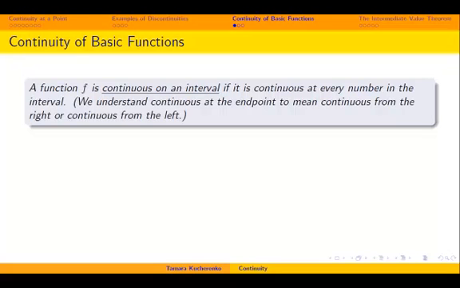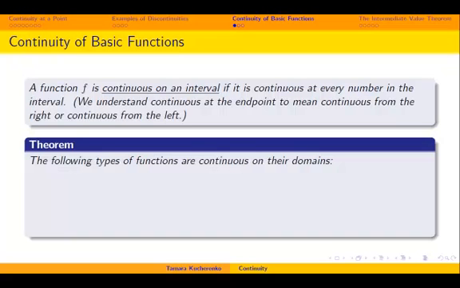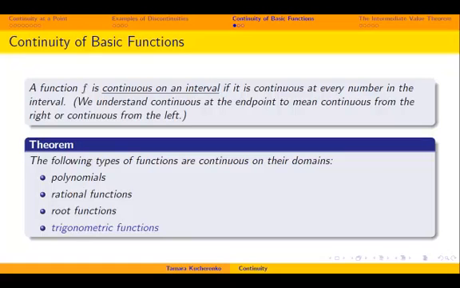To bypass checking the three conditions of continuity explicitly, we invoke a general theorem. The following types of functions are continuous on their domains: polynomials, rational functions, root functions, and trigonometric functions.